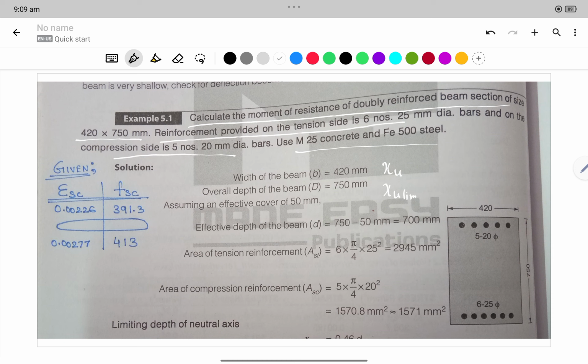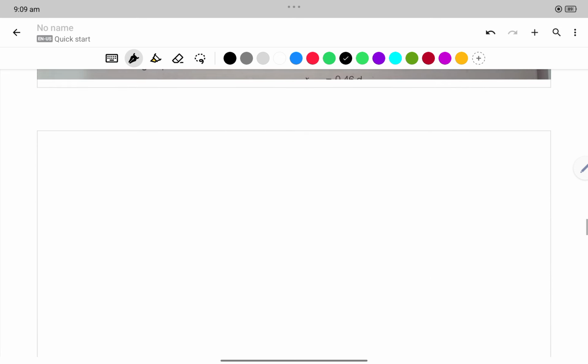So let's check. XU limiting is equal to K into D. So we will do it here.